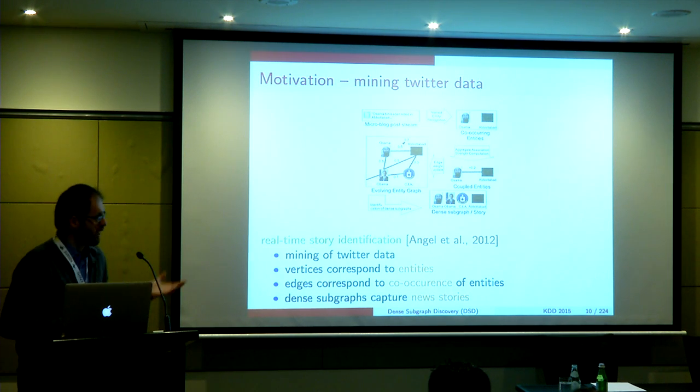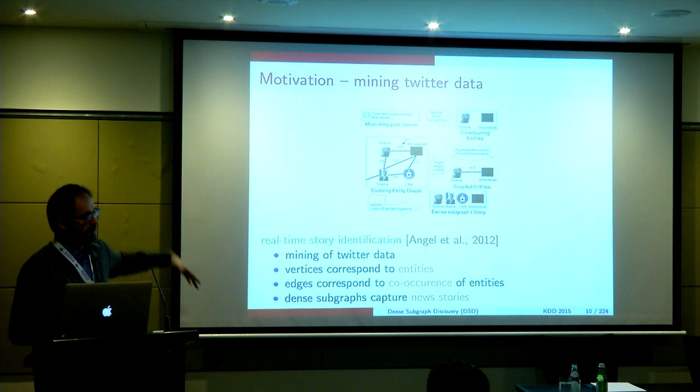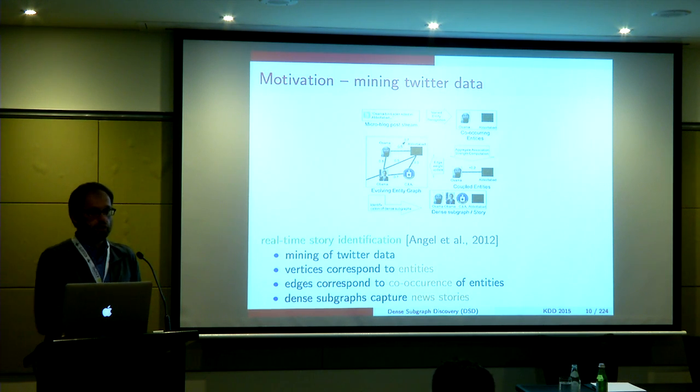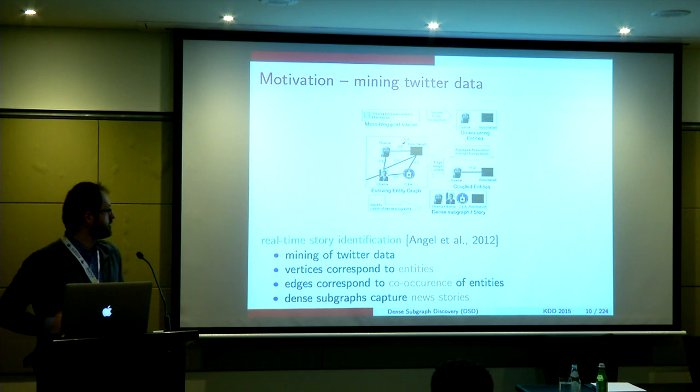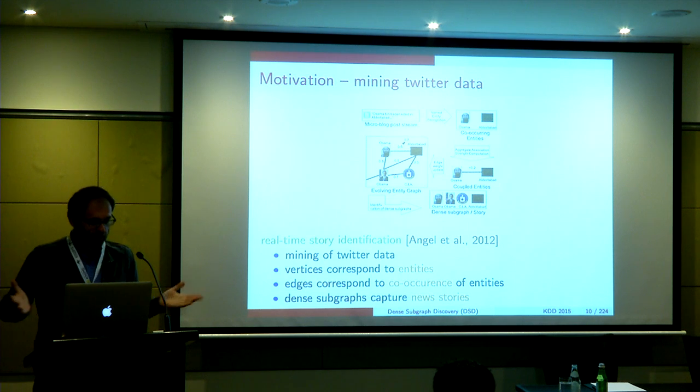So now again, this is a dense subgraph problem, so finding this subgraph among the entities and the edges will give me a story. And now the interesting part here is that this is very dynamic. The Twitter stream is very large, high volume, coming very rapidly. So I don't have static data.